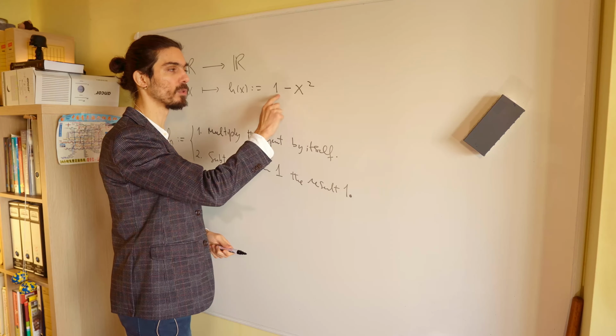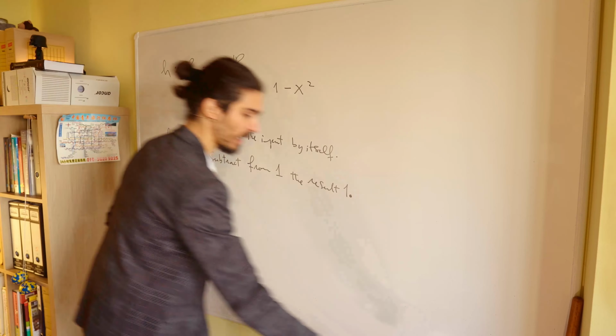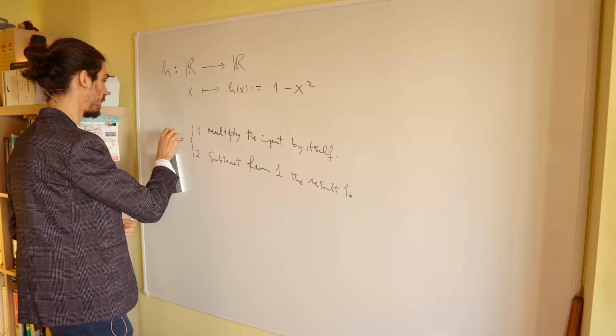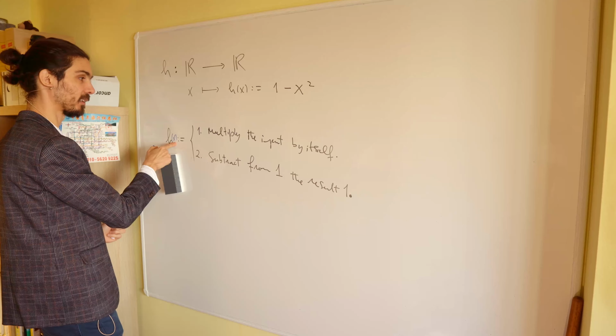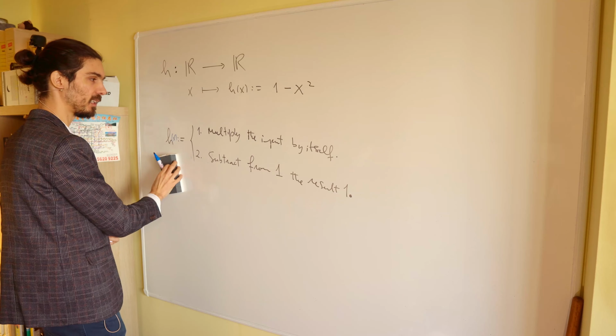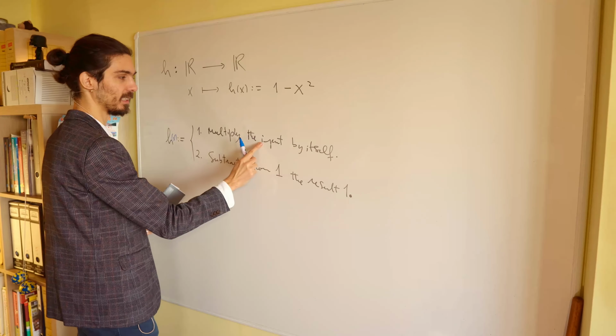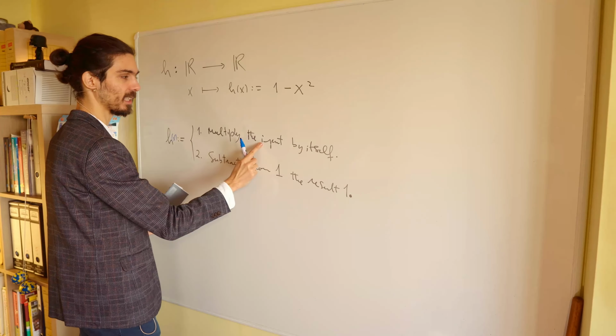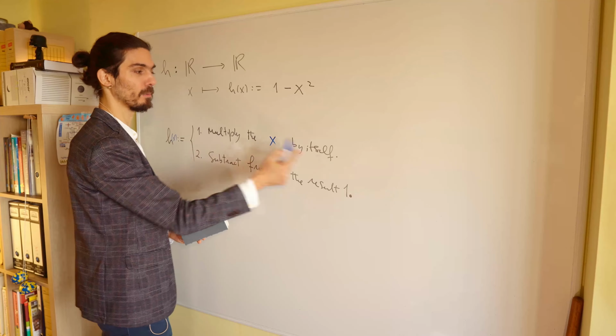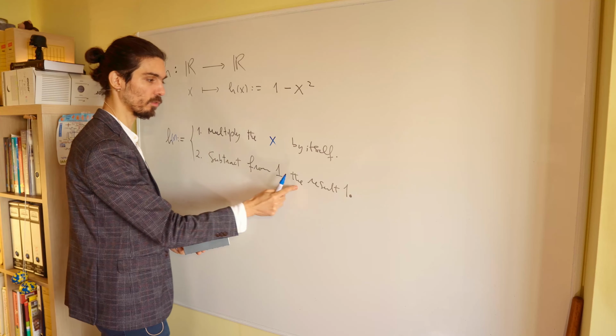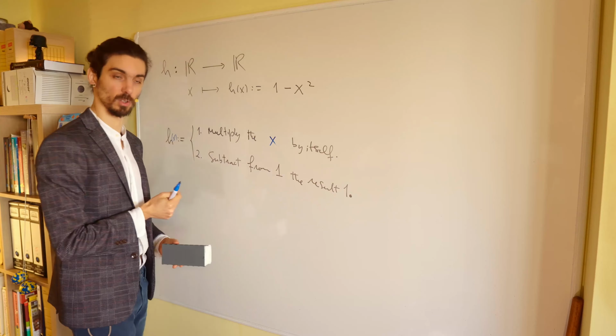Okay, this is the recipe that acts on the real numbers here, but what is in turn h of x? Well, when h acts on x, now you get a number, but what number is this? The input now is the number x that we chose. So it's multiply the x by itself, and then subtract 1 from the previous result.